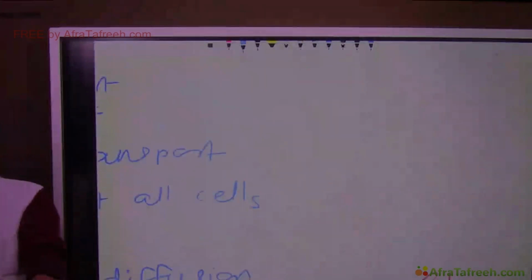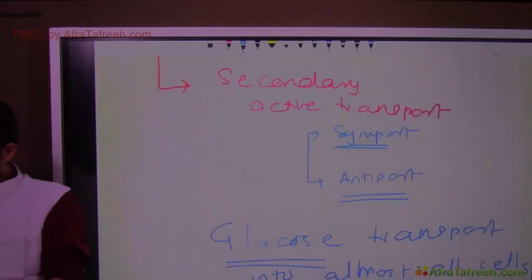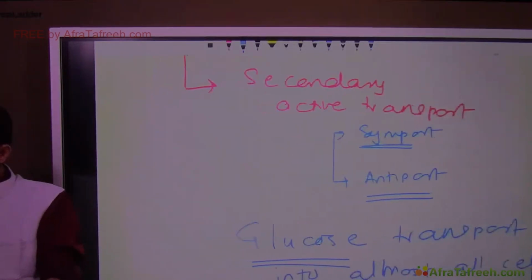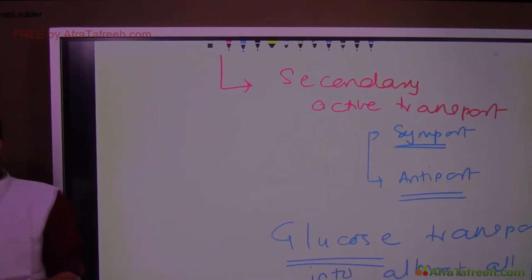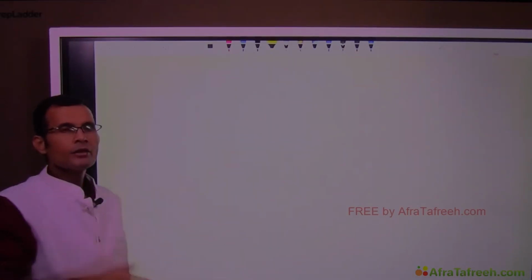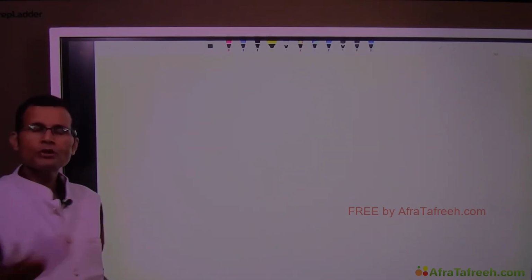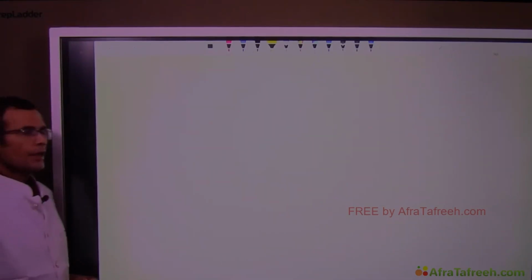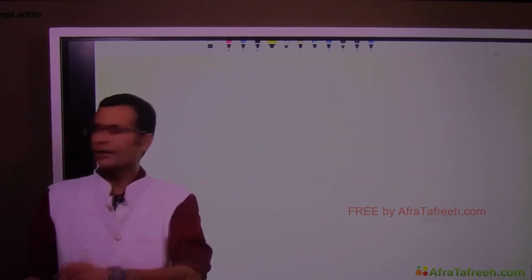Right. But the point that we were discussing is about the transport proteins in the membrane. We have discussed pores, we have discussed channels, we have discussed carriers. Carriers are uniport, symport, antiport, and they are involved in facilitated diffusion and secondary active transport.